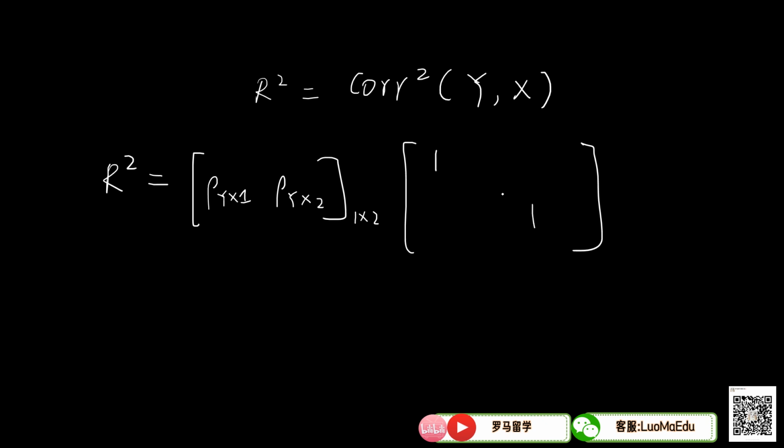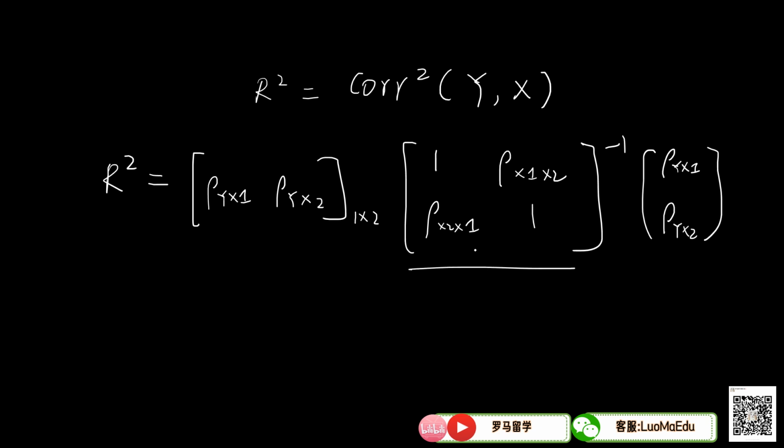In the correlation matrix, the diagonal elements are equal to 1, with the correlation between x1 and x2 and between x2 and x1 off the diagonal, and you take the inverse. The final matrix is a 2 by 1 matrix, the correlation between x1 and y, and x2 and y. So the final result will be 1 by 1.